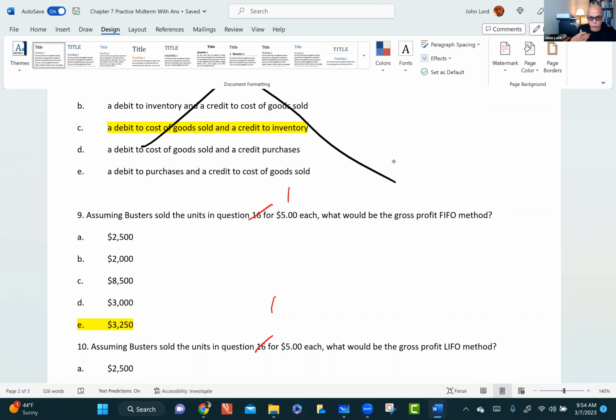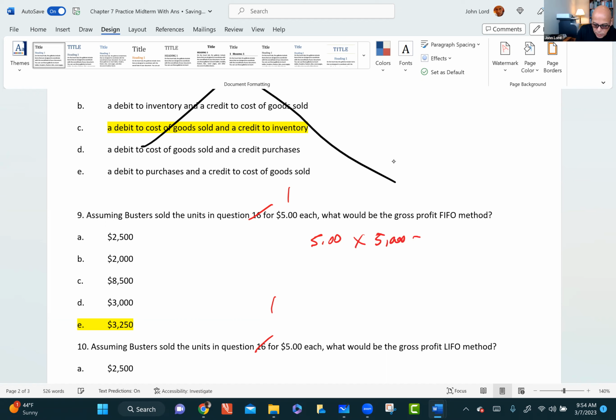So you'll probably have to go through a couple rounds of questions like this for chapter 7. If they sell the units for $5, what's the sales? How many did they sell? 5,000. They sold 5,000, good.